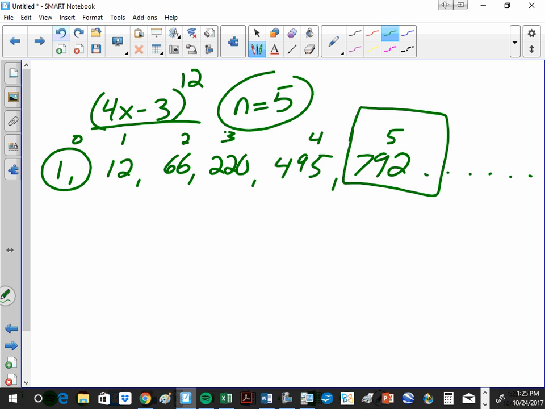If we do a little bit of thinking, what's the exponent on a here? This would be 1 times a to the 12th times b to the 0. The next one would be 12 times a to the 11th b to the 1st. So we should just be able to count down.